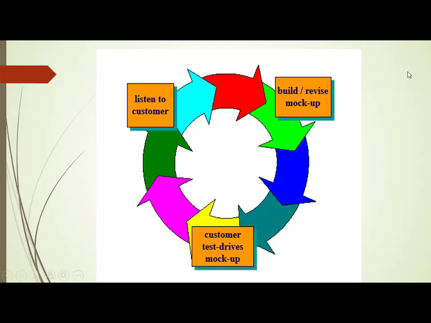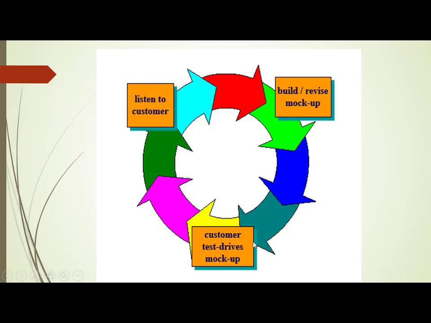First you will listen to the customer. You will build one small model. Then the customer will see that model, means he will test drive the model. That means he is going to test that particular model and give you feedback. So you are going to listen to him once again. Based upon that feedback, what are you going to do? You are going to revise that particular prototype once again.